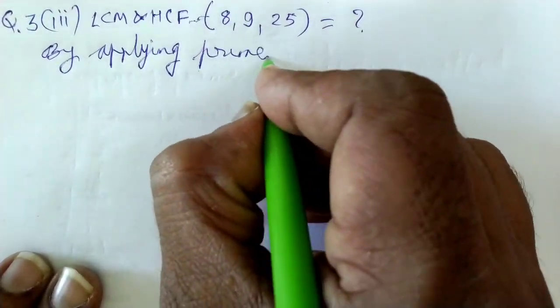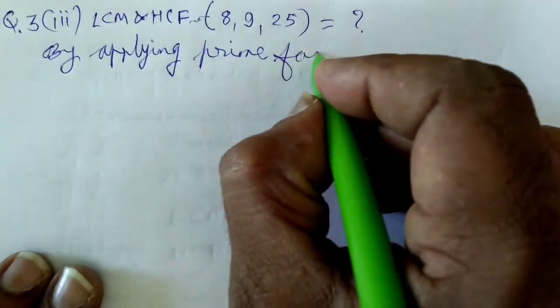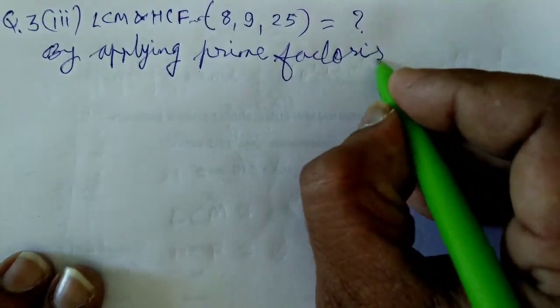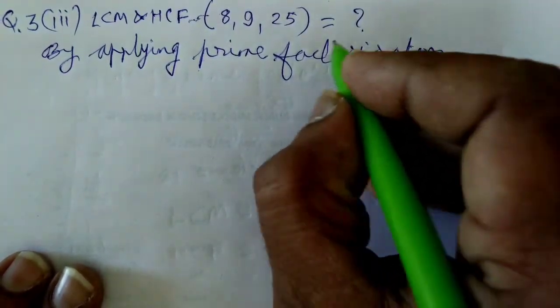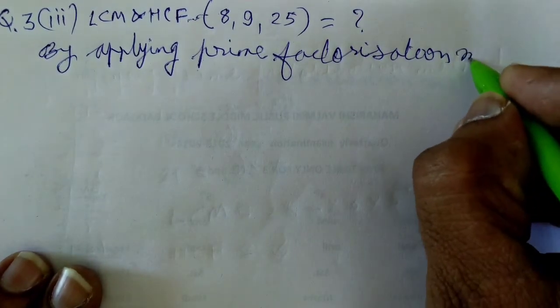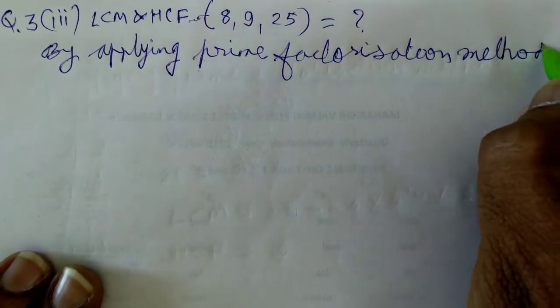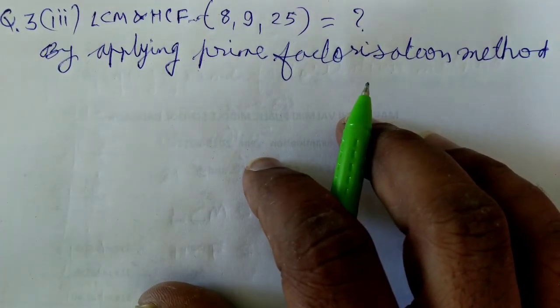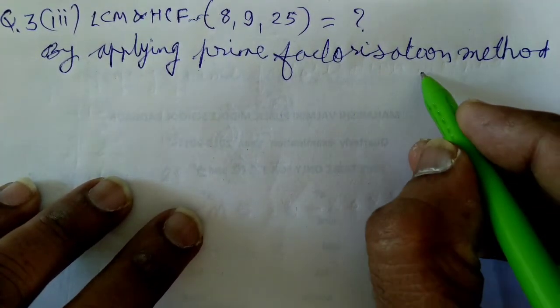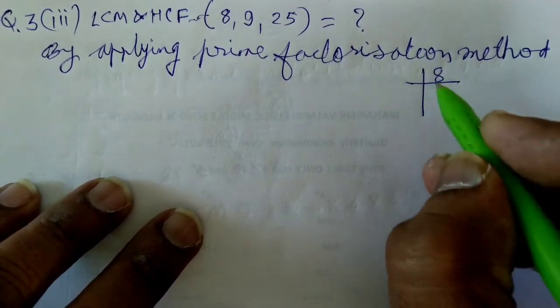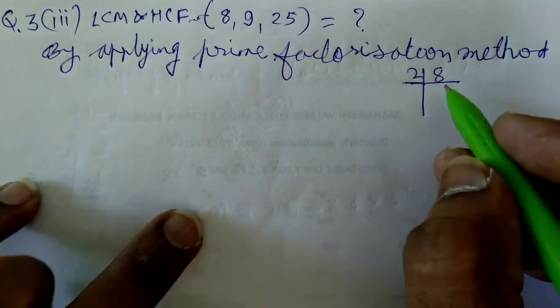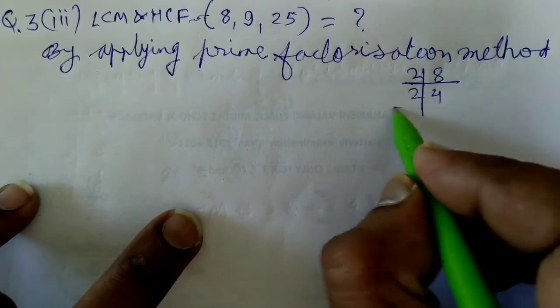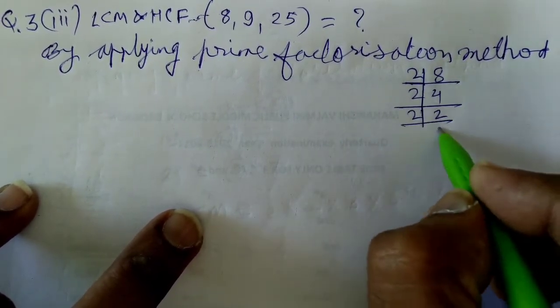Prime factors of 8: 2 fours are 8, 2 twos are 4, 2 ones are 2.